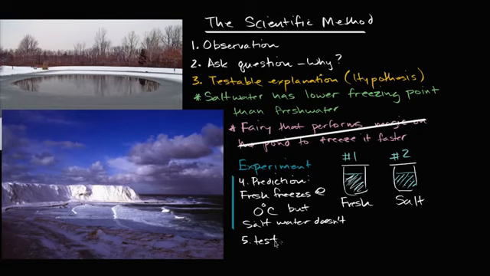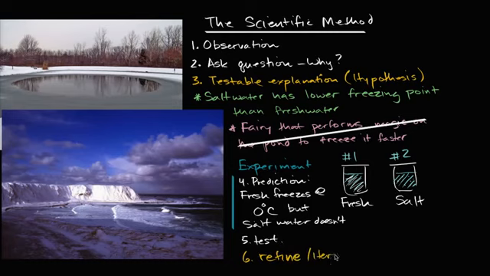Or you might now want to ask even further questions. Well, when does salt water freeze? And what else is it dependent on? Do the waves have an impact? Does the wind have an impact? And so then you can go into the process of iterating and refining.